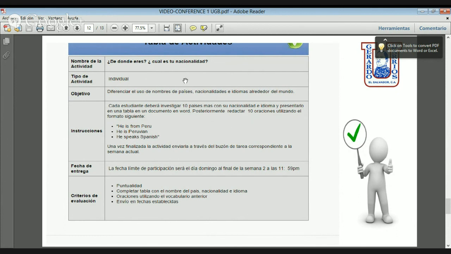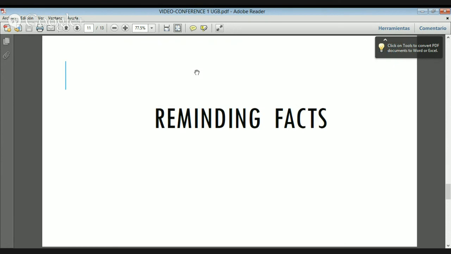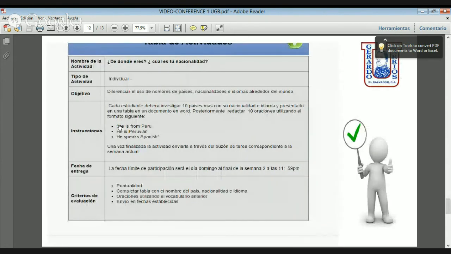Entonces, esto es algo que quería recordárselos, ¿ok? Por eso puse este anunciado, Reminding Facts. Es muy importante porque si ustedes no me envían las actividades donde se pide que lo hagan, tenemos dificultades para calificar. Esto es muy importante que lo tomen muy en cuenta. Siempre revisen estos detalles. Nombre de la actividad, por favor, ¿verdad?